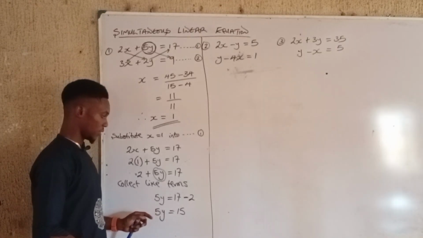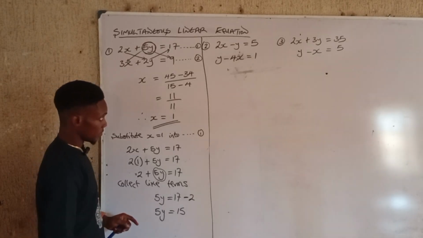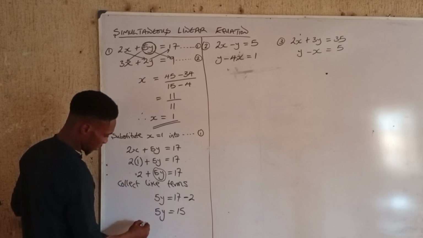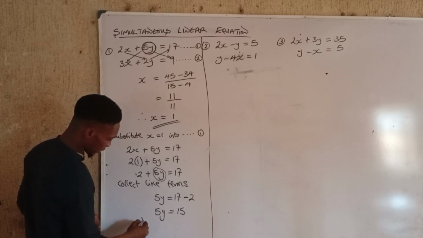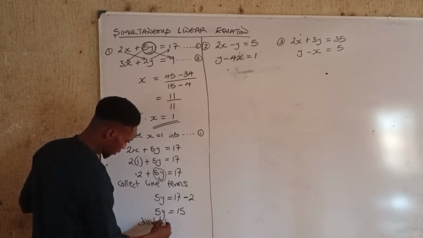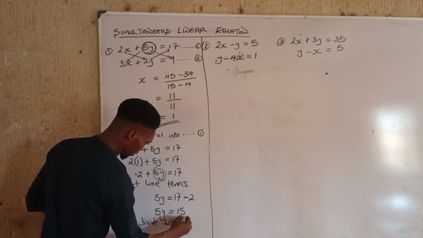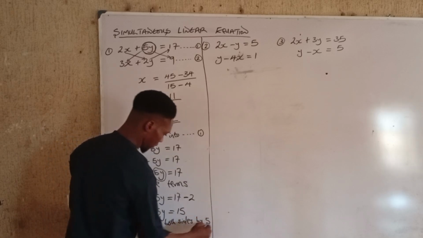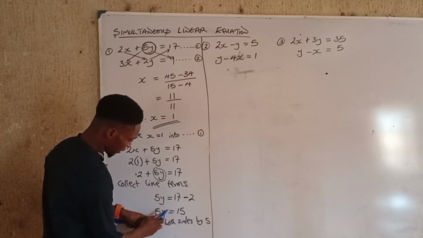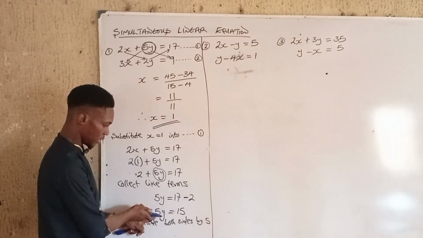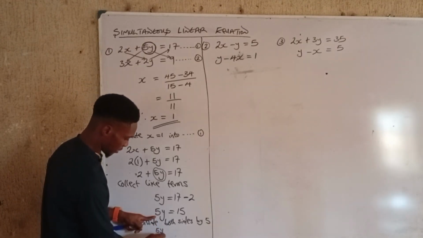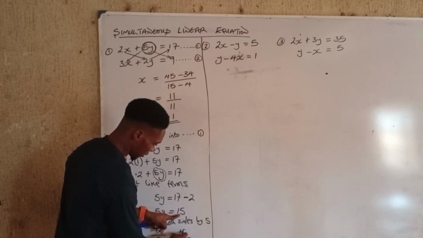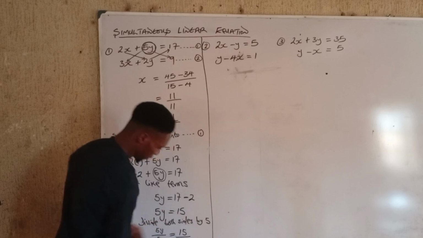What you are going to do now, your last step, you divide both sides by the coefficient of y, which is 5. Divide both sides by 5. So we are dividing both sides of this equation by the coefficient here. 5y divided by 5 equal to 15 divided by 5.